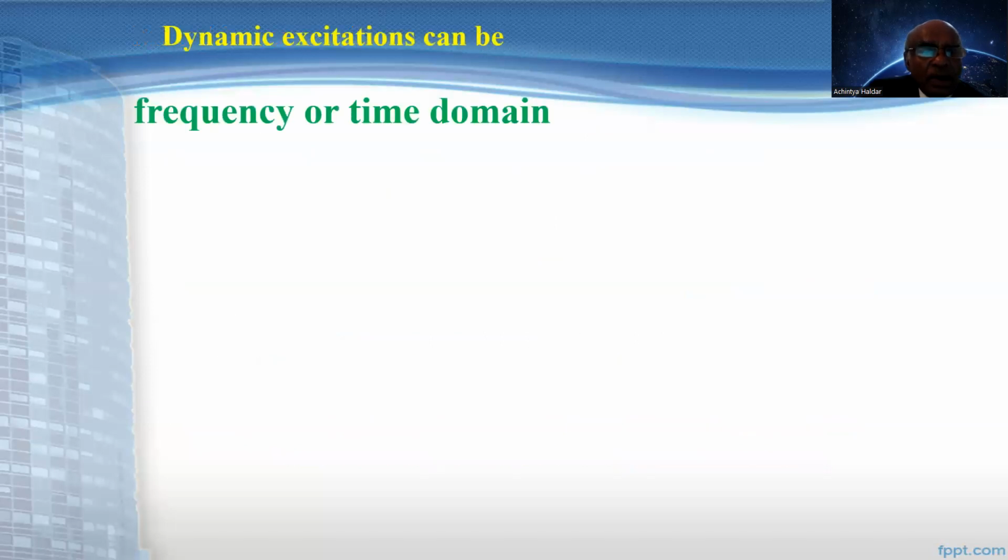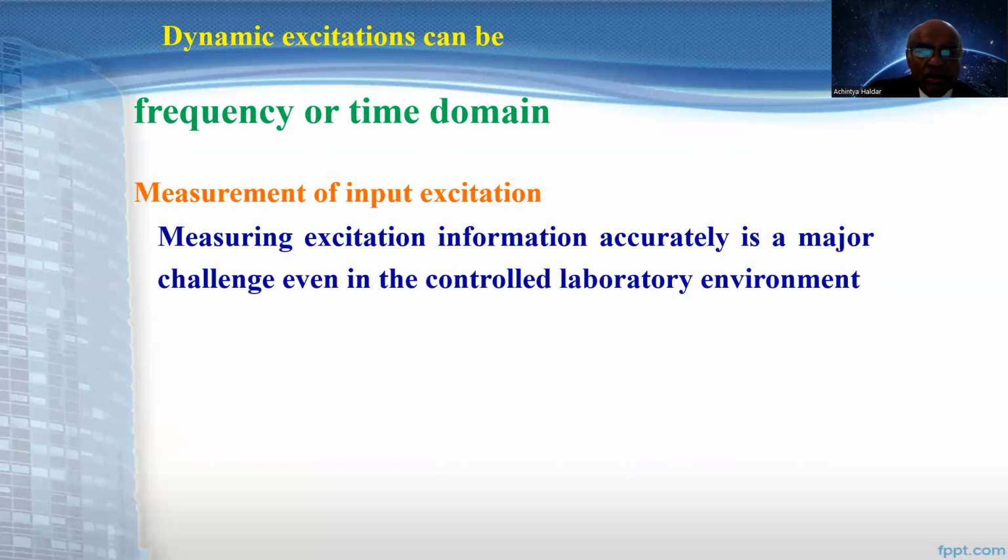So again, we use dynamic excitation information. It can be frequency or time domain. We use time domain. Now, one issue we address first is that measuring excitation information can be very expensive and damage prone or noise prone.